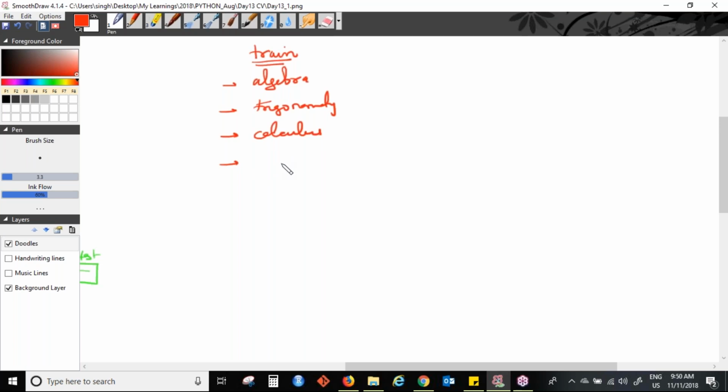Let me write some other subjects, let's say computer science. Let me write all the subjects. Okay, so let's say these are the topics that you are preparing on.